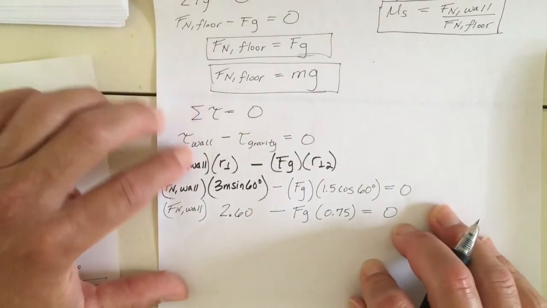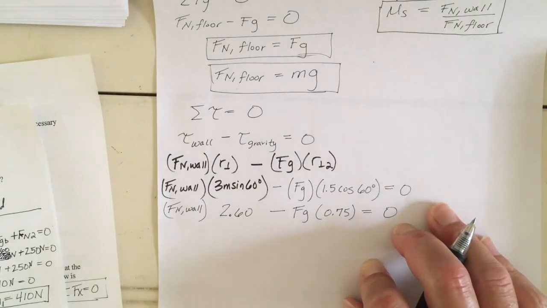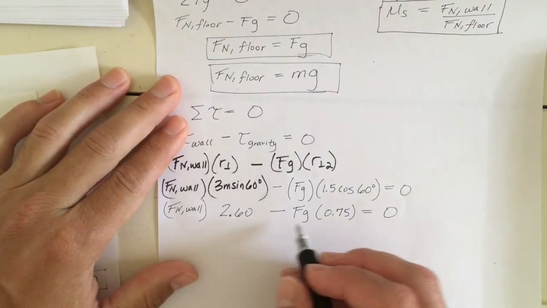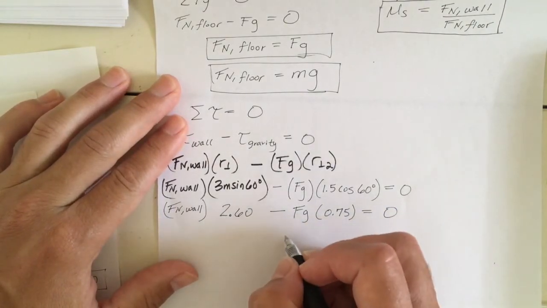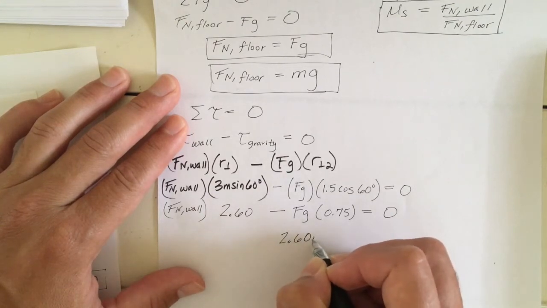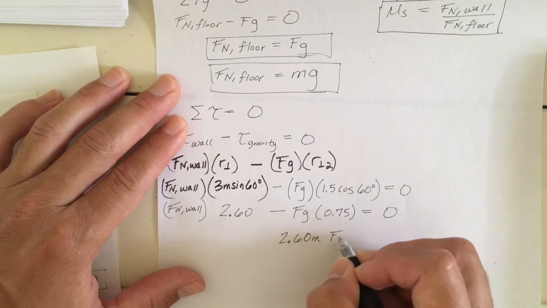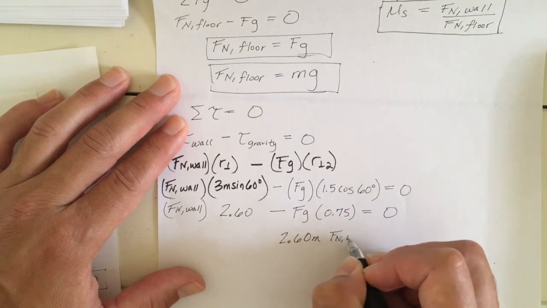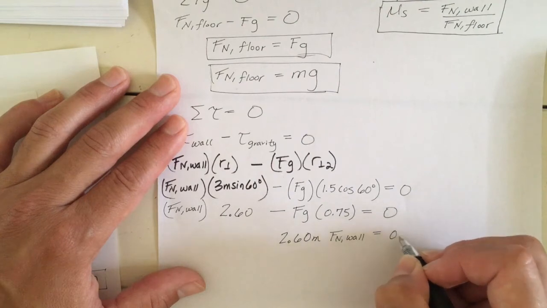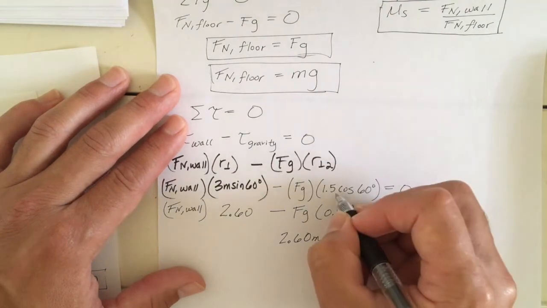All right, and then we can take this a little further. Maybe kick this over to that side. So we have 2.60 meters times the force normal of the wall, setting it equal to 0.75, which is also meters.